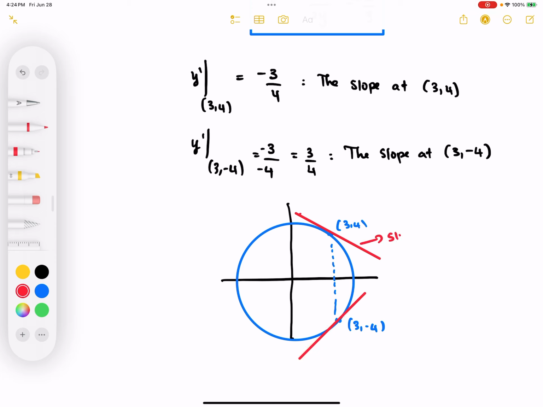The slope of this line, according to our calculation, is negative 3 over 4. You can see that it is a negative slope. The slope of this other line is positive 3 over 4, a positive slope, right? It is increasing. So this is an example of implicit differentiation.